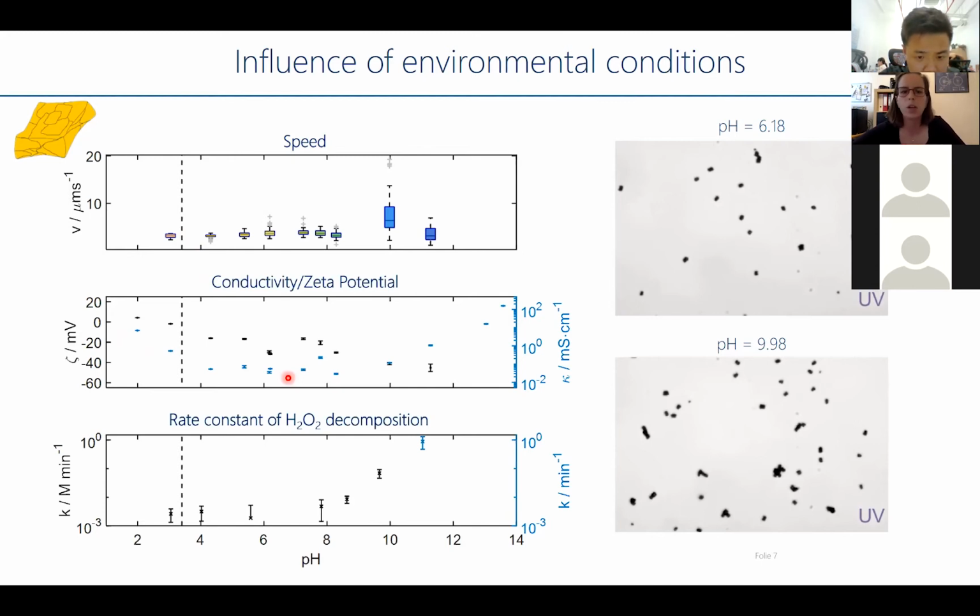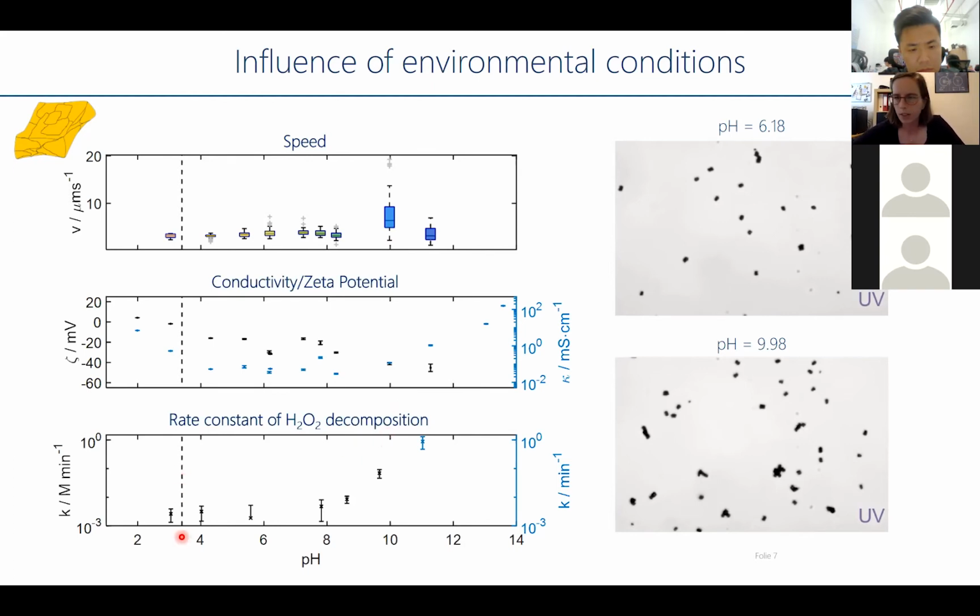It is high in the acidic regime and high in the very alkaline regime and lower for everything in between. Now, as we know, very high conductivities usually slow catalytic microswimmers down. That they are slow again here at the very extreme pH is maybe because the conductivity gets very high. But that they get fast at pH 10 is to be found here in the peroxide decomposition.